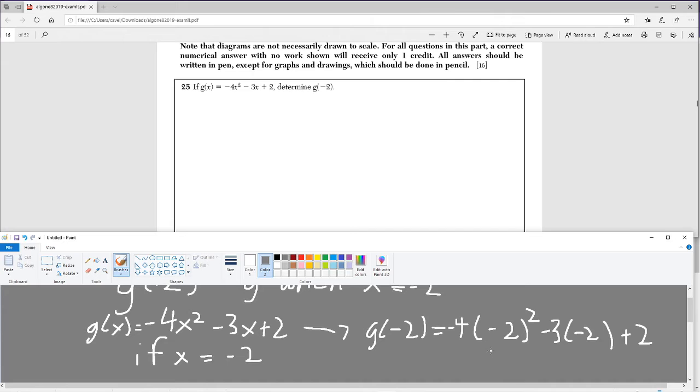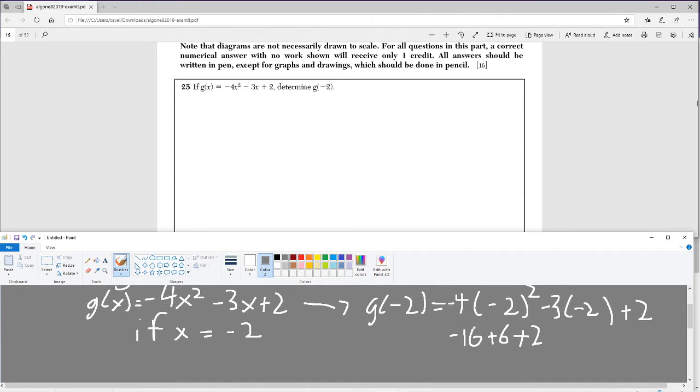So remember, anytime a number is raised to an even exponent, it's going to be positive. So we have negative 4. Negative 2 times negative 2 is positive 4. So 4 times negative 4 is negative 16. Minus 3 times negative 2, that's going to be negative times negative, which is going to be positive, plus 6. And then plus 2, okay?